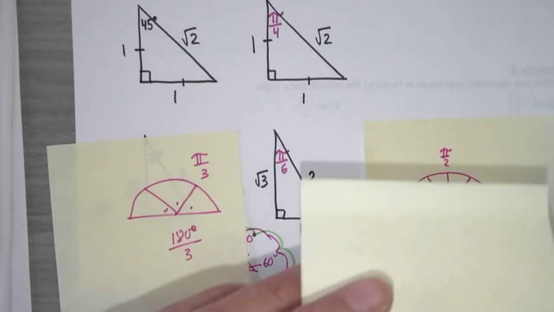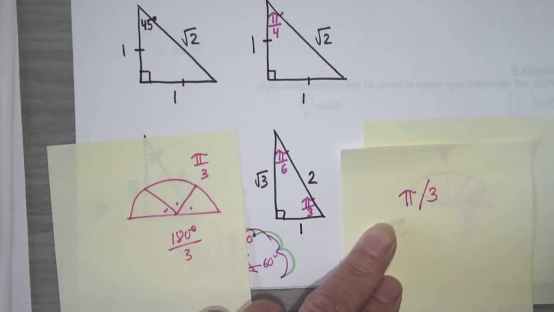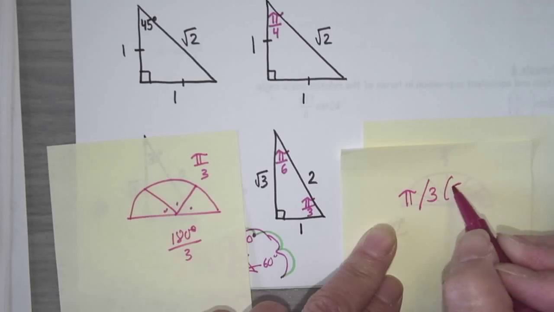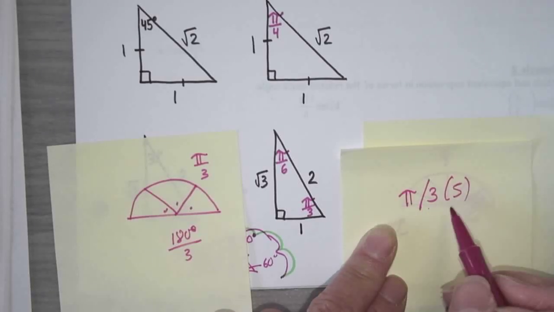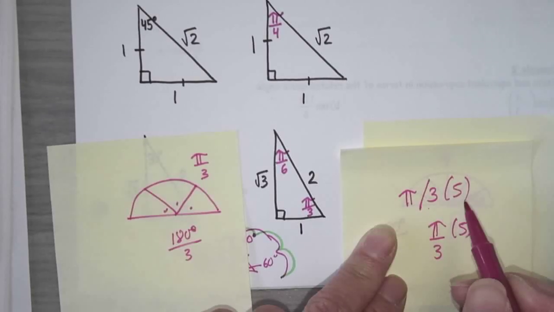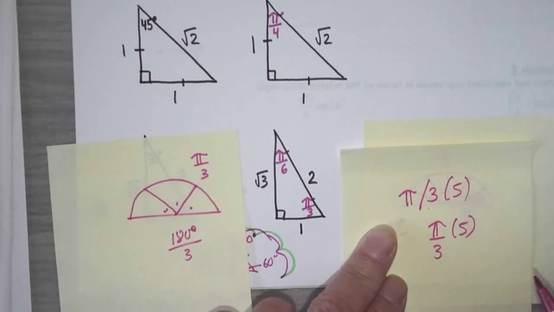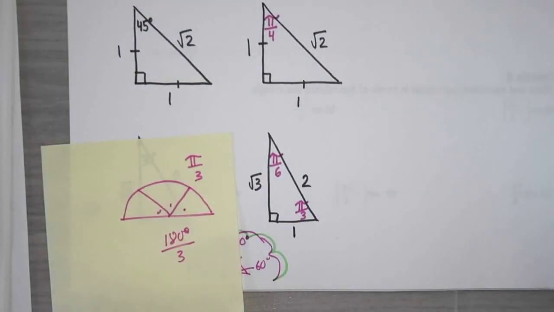Try not to do slashes, please. Actually, just don't do slashes. It doesn't make sense, because if you're multiplying this by 5, you're like, times 5? You mean the denominator is times 5? No one at this stage should be doing slashes like that. Just write pi over 3, and that way if I have to multiply by 5, it's there. So when you're doing fractions, we always want it in fraction form without the slash.